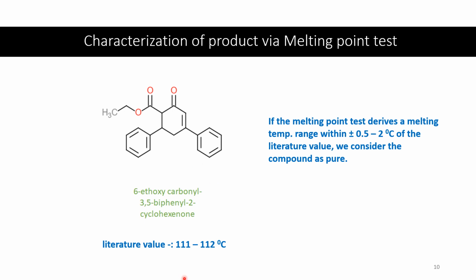I will not be discussing theoretical yield calculation because we have been talking about it in the last few lectures, and the calculation for this experiment is very straightforward. The molar ratio between the two reagents that we measured, that is ethyl acetoacetate and trans-chalcone, is a 1-to-1 ratio, and the molar ratio between them and the final product is also a 1-to-1 ratio.